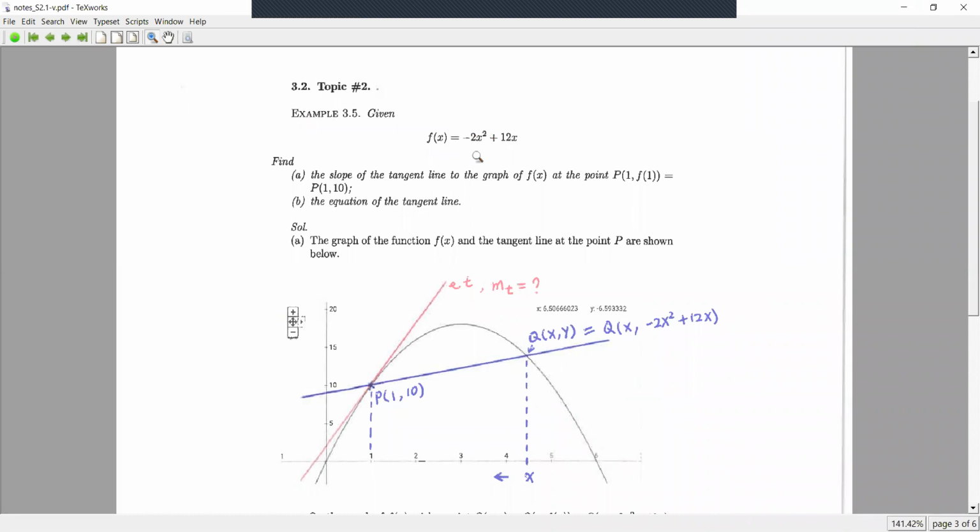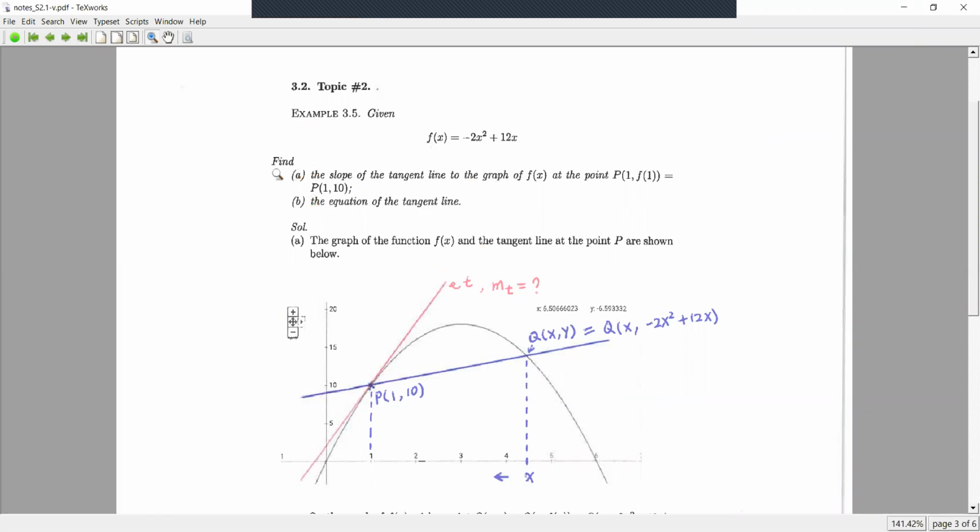Because the leading coefficient of this function is negative, this parabola is open downward. Here, I use my computer to plot the graph of this function. The graph is this parabola. It is open downward.